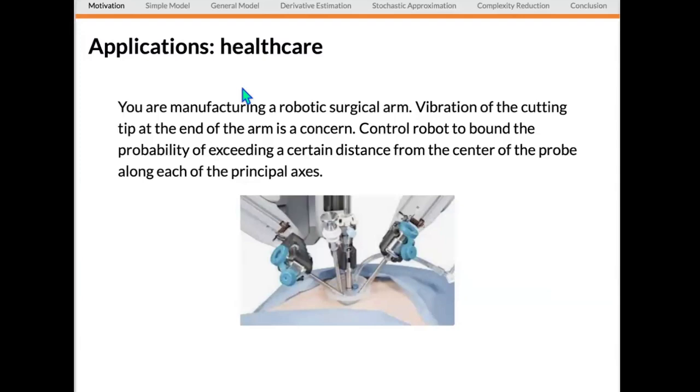But if there is an artery close, or some other very important area that shouldn't be touched, then the robot should not aim at the target but aim somewhere else so that it doesn't cause more problems. So that was another application.